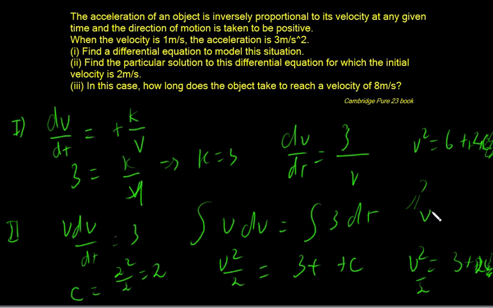Thus we have v is equal to the root of 6t plus 4. Also, because v is positive, it cannot be negative.